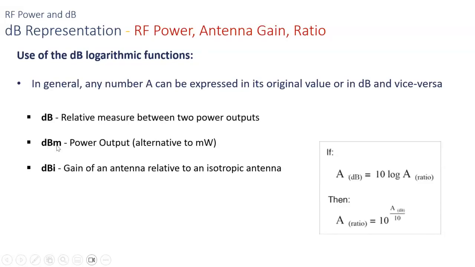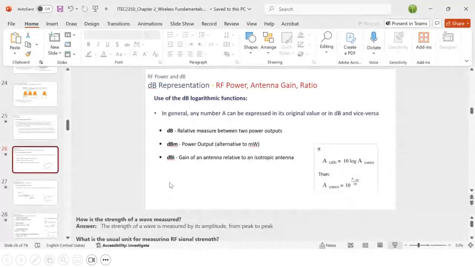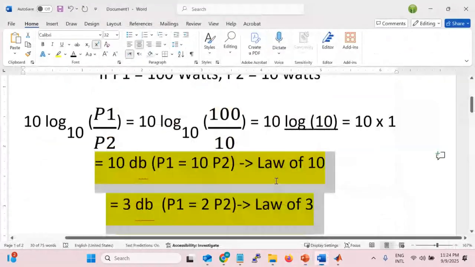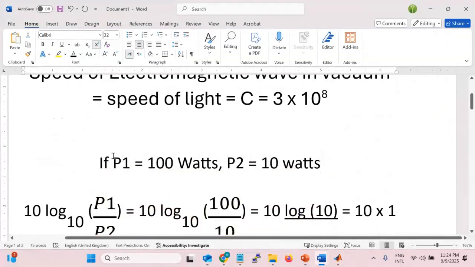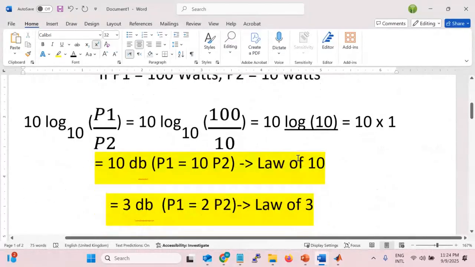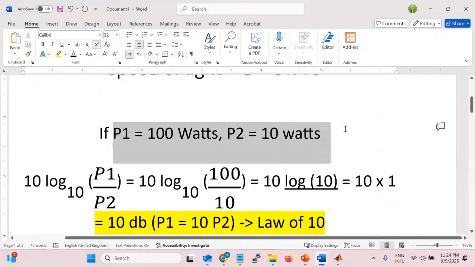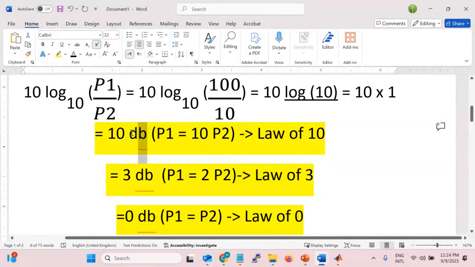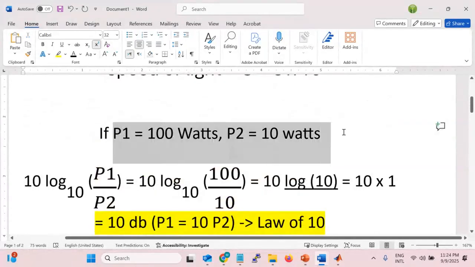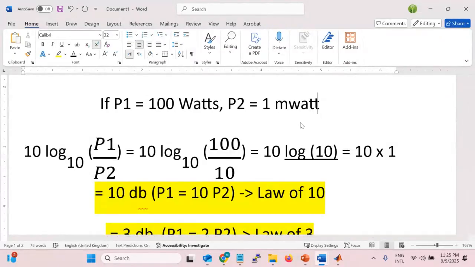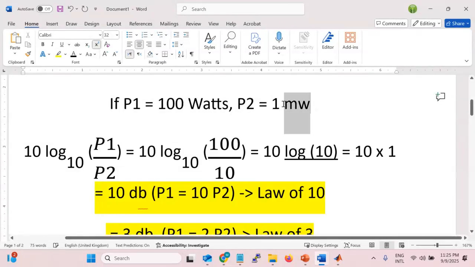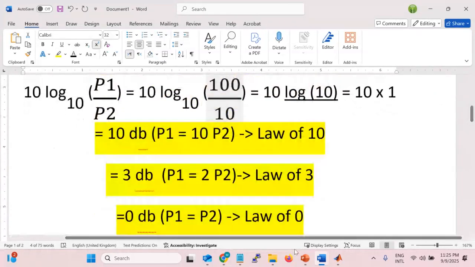To get the value in dBm instead of dB, the reference power P2 equals 1 milliwatt. When both values are in watt, the result will be in dB. Also, if both values are in milliwatt, the result will also be in dB. When I get dBm, the reference power P2 equals 1 milliwatt.